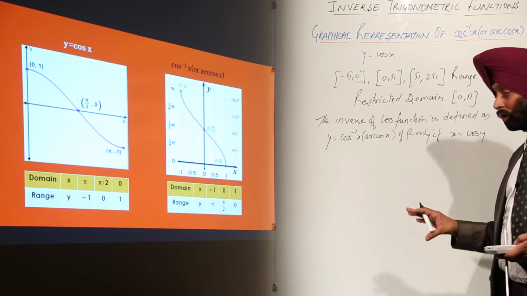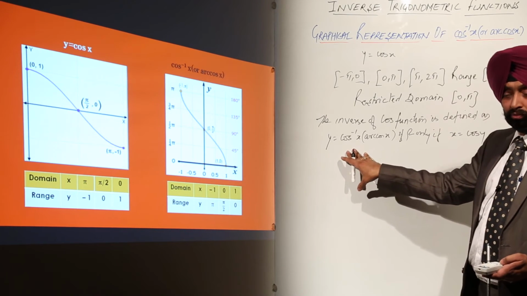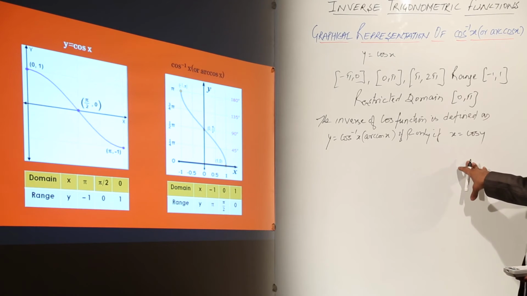Now cos inverse x, we have got it, that we can define it. If it is y is equal to cos inverse x, then we can write x is equal to cos y.